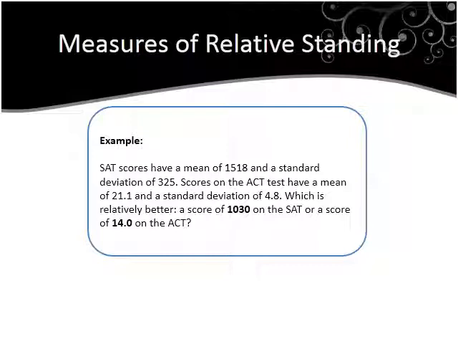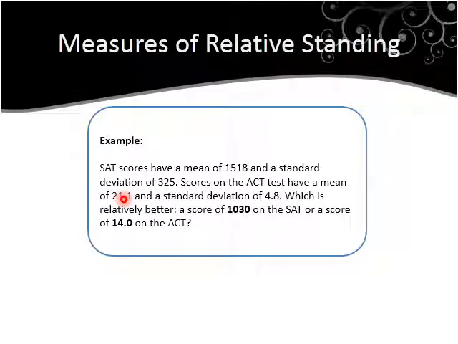So consider this example. SAT scores have a mean of 1518 and a standard deviation of 325. Scores on the ACT test have a mean of 21.1 and a standard deviation of 4.8. So these are tests that are on a radically different scale: 1518 as a mean for the SAT versus 21.1 for the ACT.